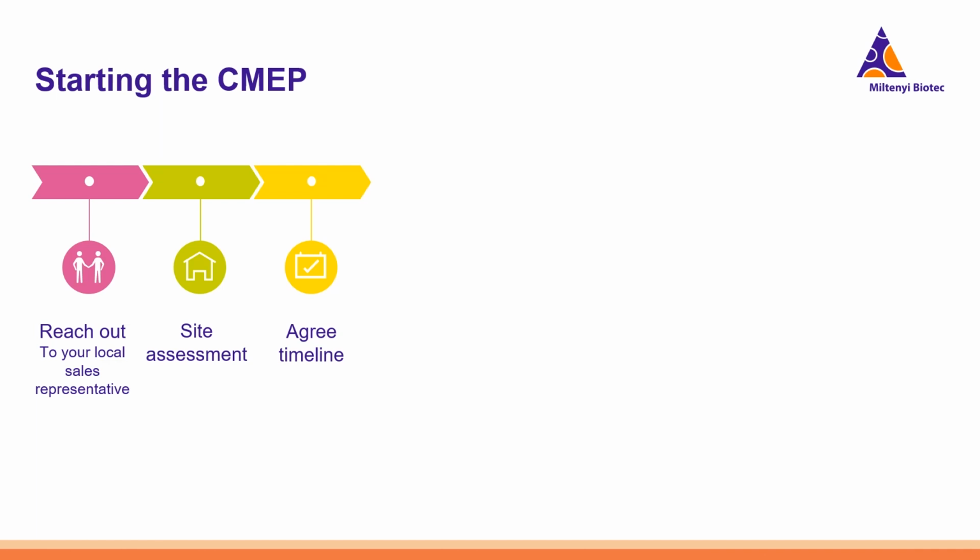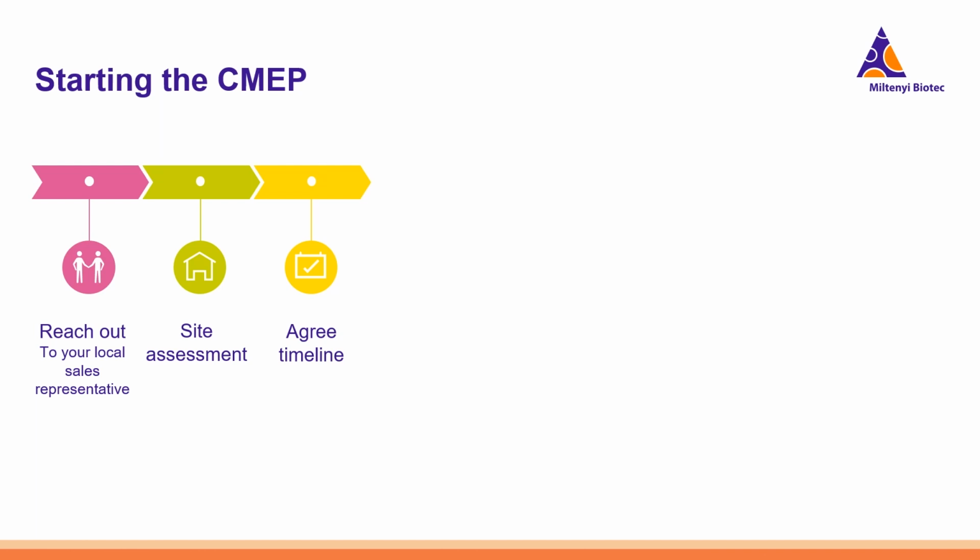Before we can start planning the training, we need to perform a site assessment. That means we need to check whether, from the technological side, you are ready to receive this training.